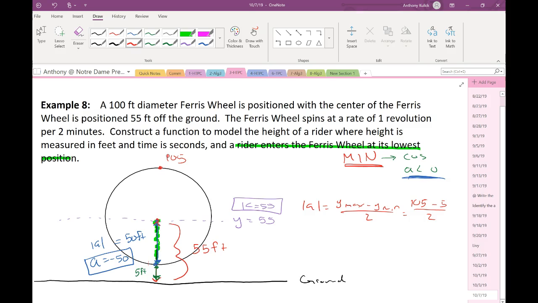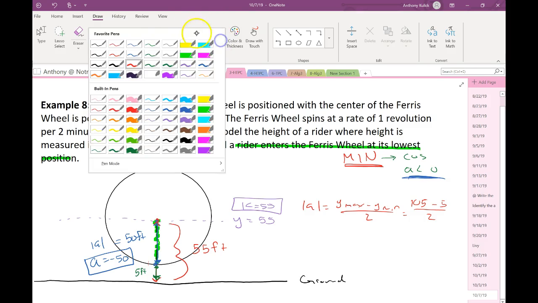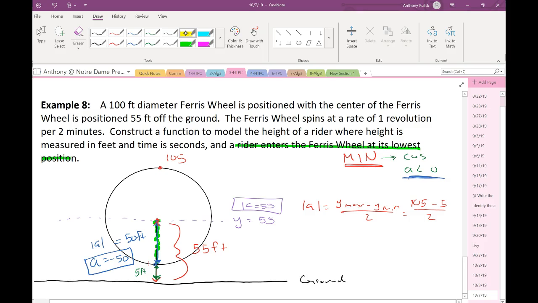Okay, good. So we still need to figure out our values for C and for H. What quantity is related to C that we've used over and over and over again? Period, right?